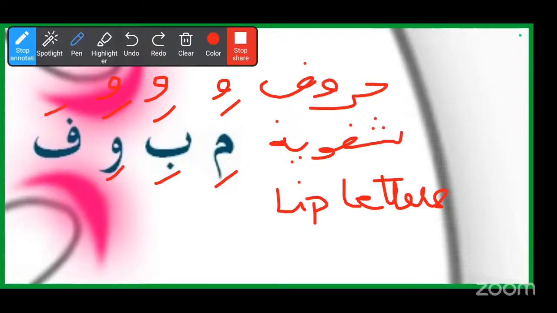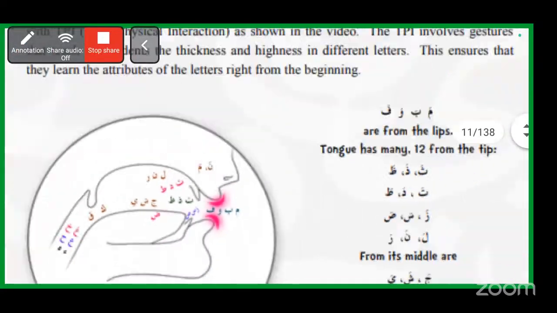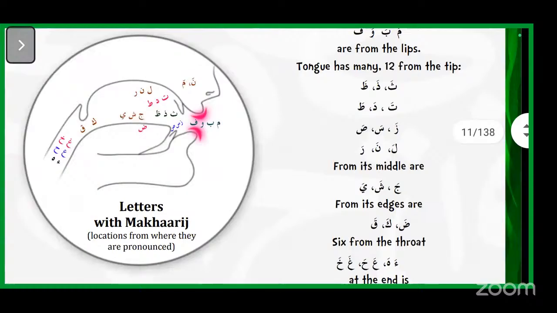Now this fa is not like the English F. When we say F for fish, the sound of the English F is because of the pressure of air. But the Arabic fa is when you impact your lower lip with your upper tooth. We have to press a little bit, right? Exactly. So, inshallah, we have seen this whole thing.